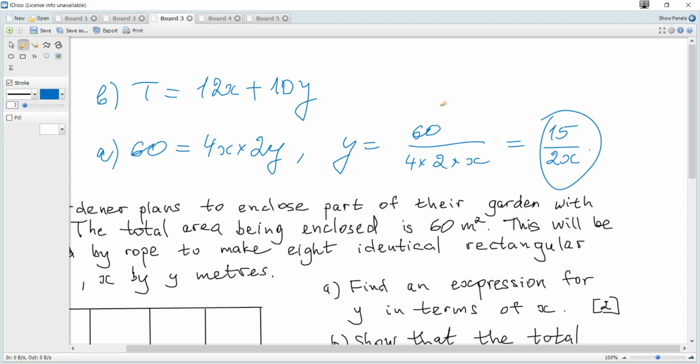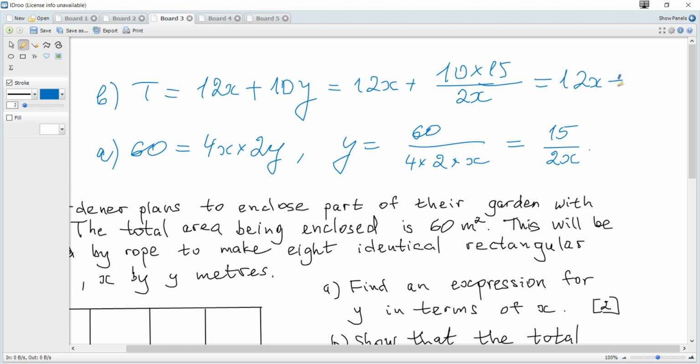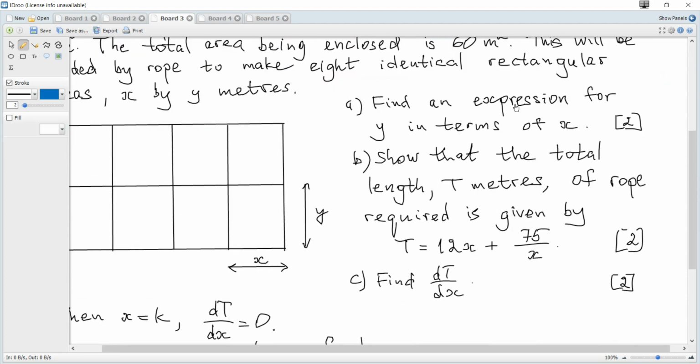Substituting for y, we get 12x plus 10 times 15 over 2x, and you can see that it becomes 12x plus 75 over x, as required.